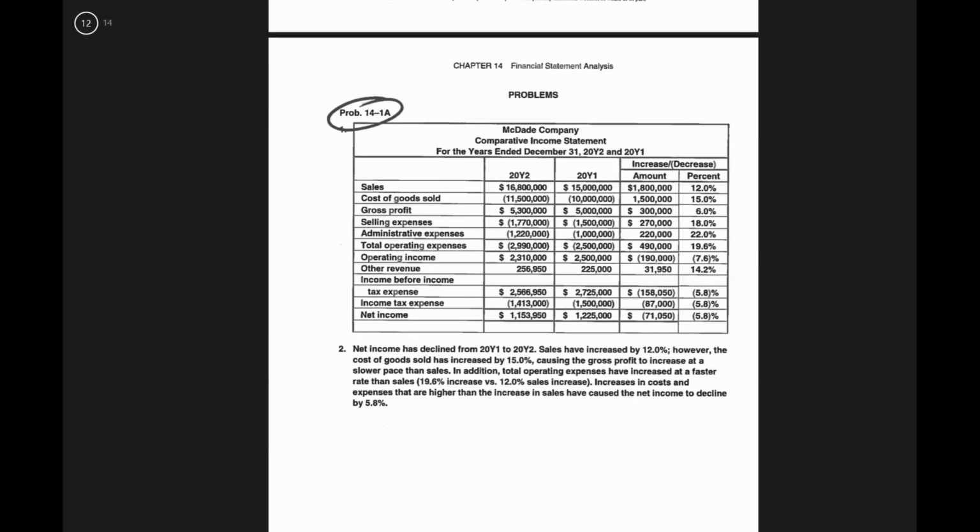The last few problems: problem 1A asks you to calculate horizontal analysis. So once again, this is no different than the first couple of exercises. You look at current year, prior year, calculate the difference and divide it by the prior year, and you get your increase or decrease. Okay.